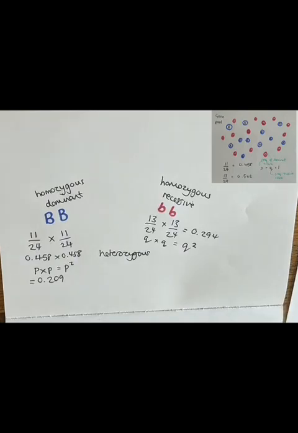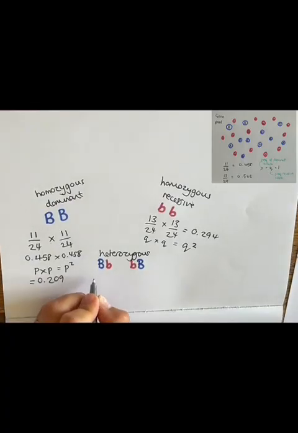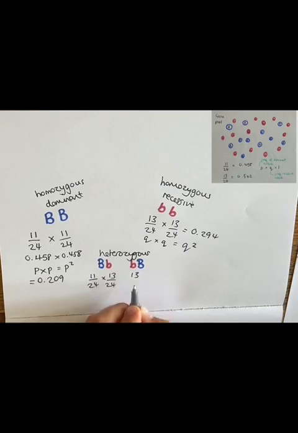Now, thinking about the heterozygous individual, we can either select the dominant allele first, followed by the recessive, or we can select the recessive allele first, followed by the dominant. We're still getting heterozygous individuals. In both those cases, this one we will have 11 out of 24 times 13 out of 24, thinking about the frequencies in the gene pool, and this would be the 13 out of 24 times the 11 out of 24.